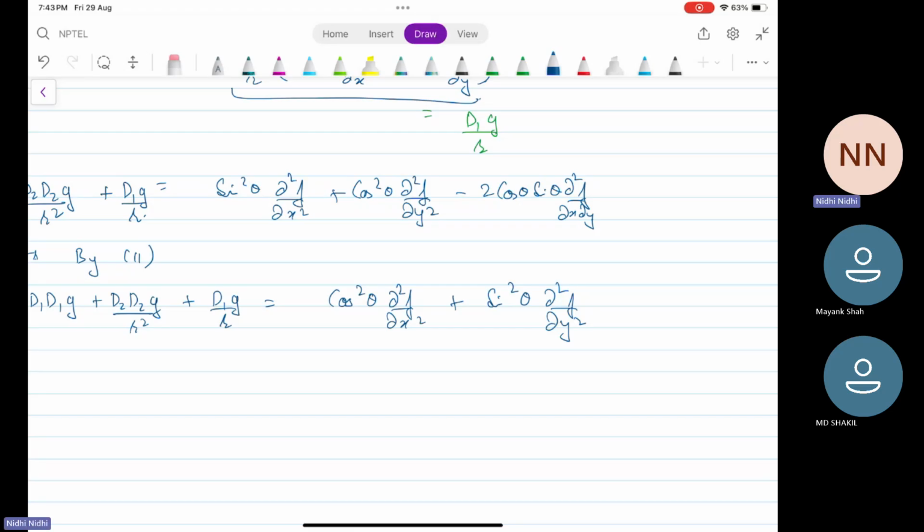And we have one more formula, plus 2 cos theta sin theta del 2f by del x del y.